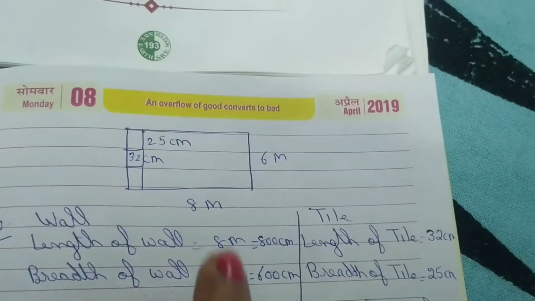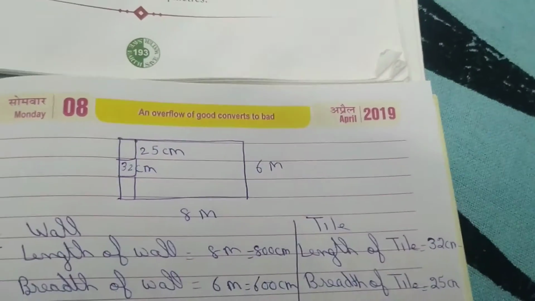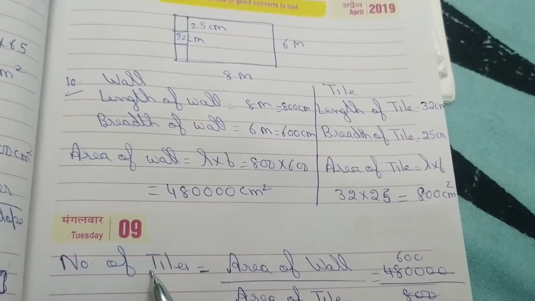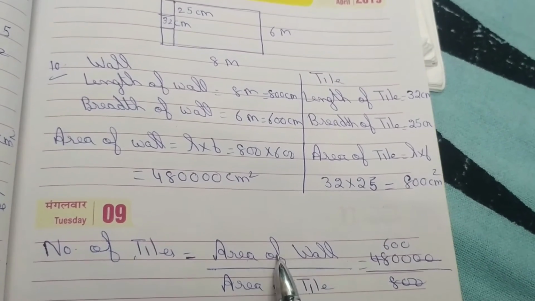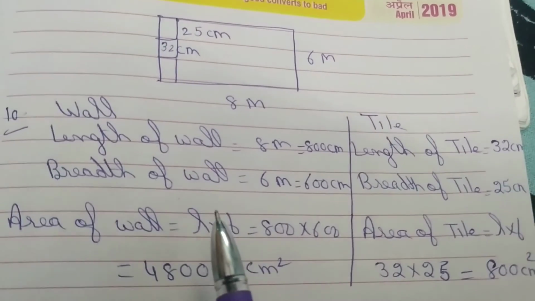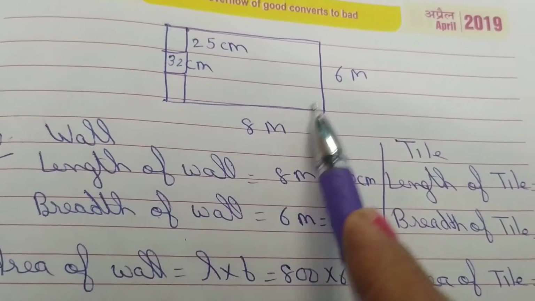So you have to find how many tiles will be fitted in this wall. So we know that when we have to find the number of tiles, area of wall divided by area of tile. Bigger area divided by smaller area.